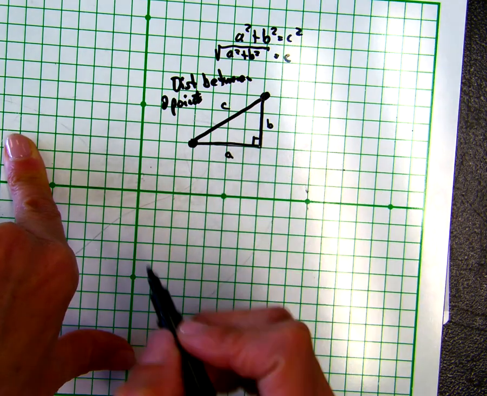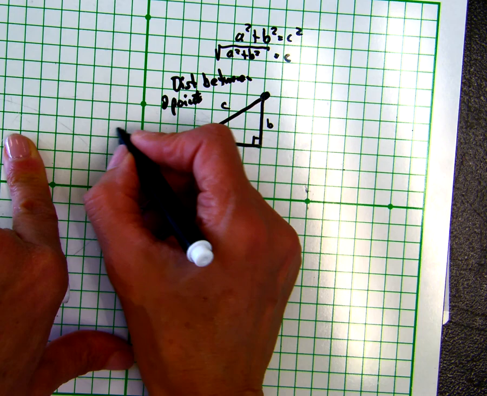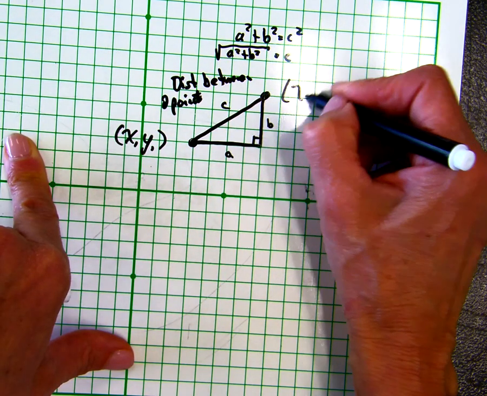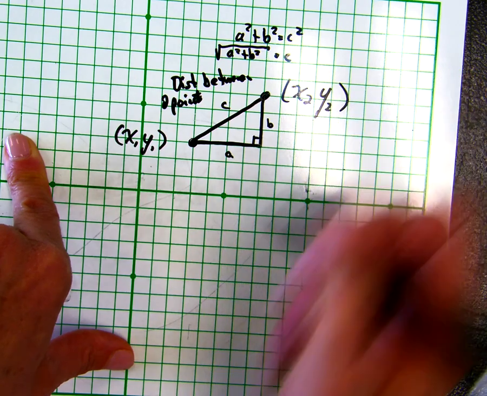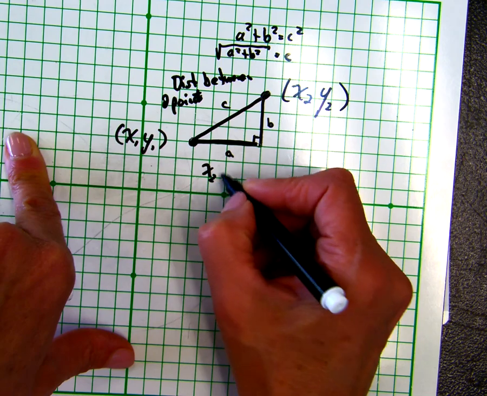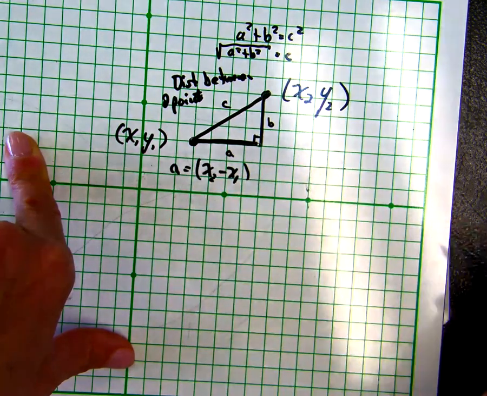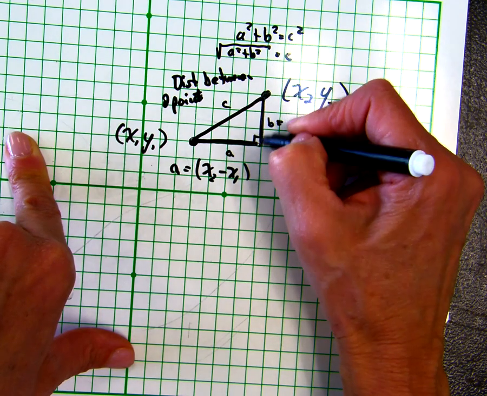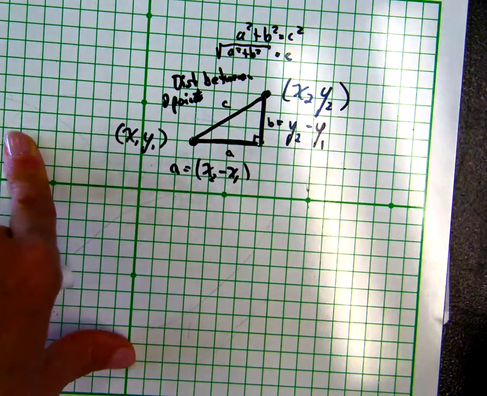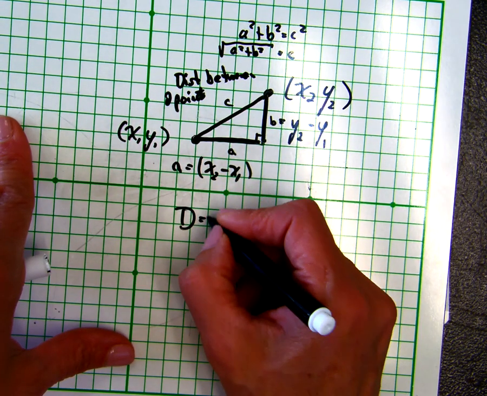How do I know what the length of this line is? Well, I'm going to label this point here x1, y1, and this point here x2, y2. Then the length of this line would be x2 minus x1. That would be the a value. And the length of this line would be y2 minus y1. That would be the b value. So our distance formula comes from that.